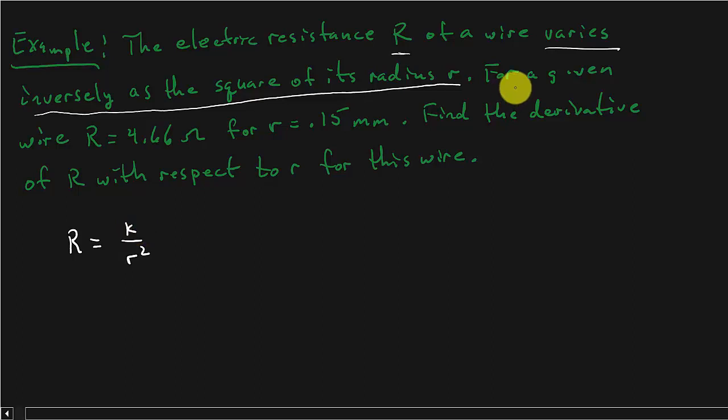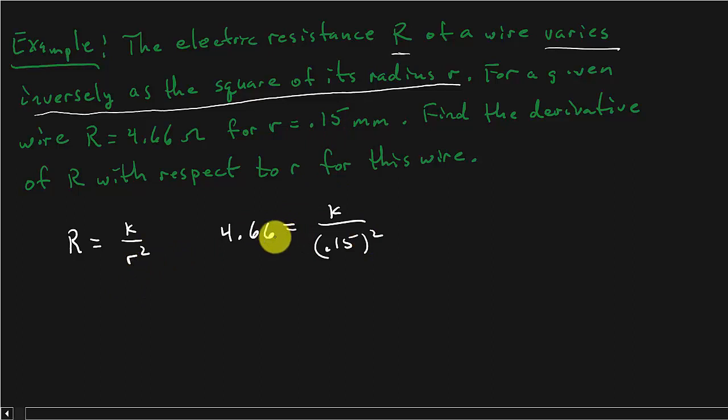Well, it tells me for a given wire, big R is 4.66 when little r is 0.15. Okay, so that would mean 4.66 is equal to k over 0.15 squared, right? If I plug this in for big R and this in for little r, now I have an equation I can solve.